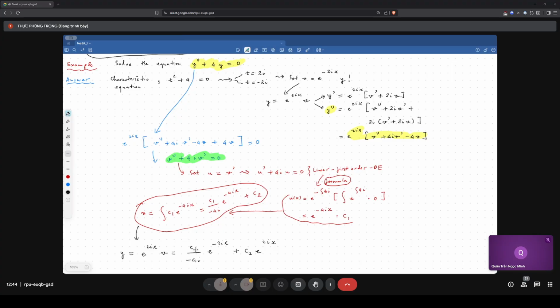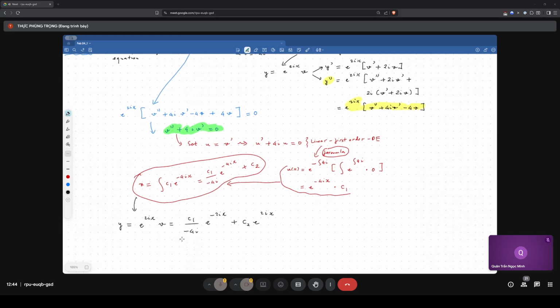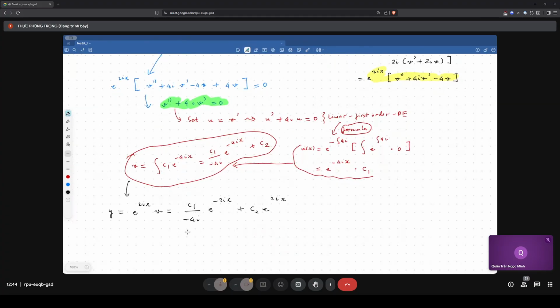But when you have c1 an arbitrary constant, then c1 over minus 4i is also an arbitrary constant. Because of that, I think it's better to write c1 over minus 4i as only c1, right? Because this is just any c1. So from here you can write y as c1 e to the power minus 2is plus c2 e to the power 2is.